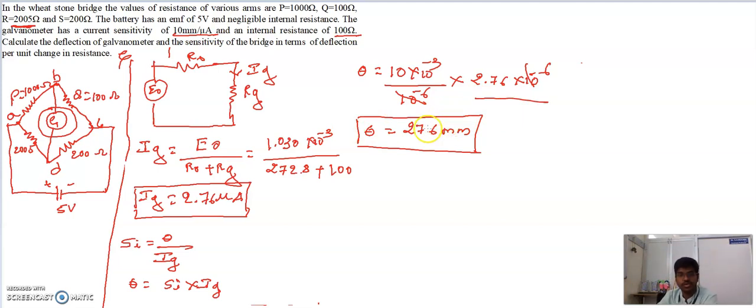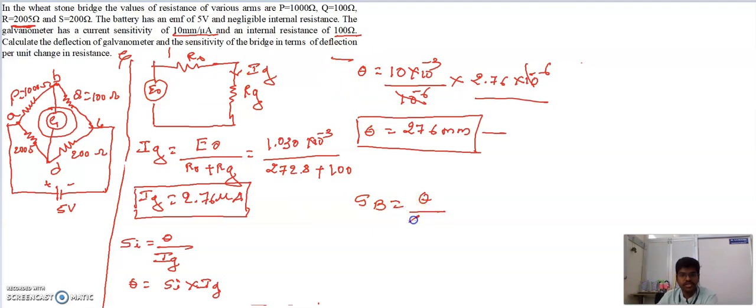Just note down the magnitude of the current. It is in terms of microampere, and theta is in millimeter, 276 millimeter. Finally, use the equation SB equals current Wheatstone bridge sensitivity, which is theta deflection. What has been asked? Deflection per unit change in the resistance.